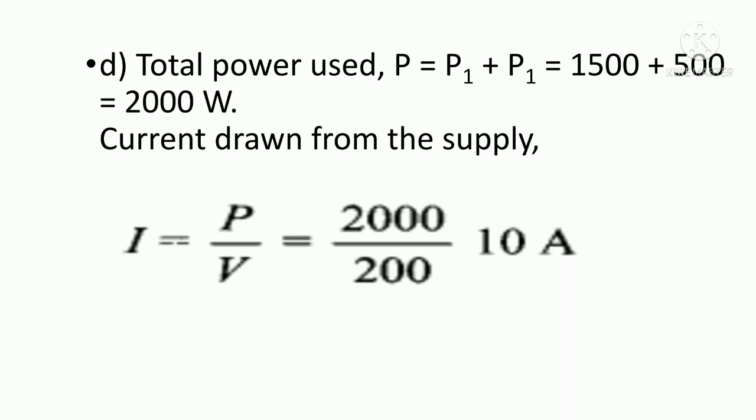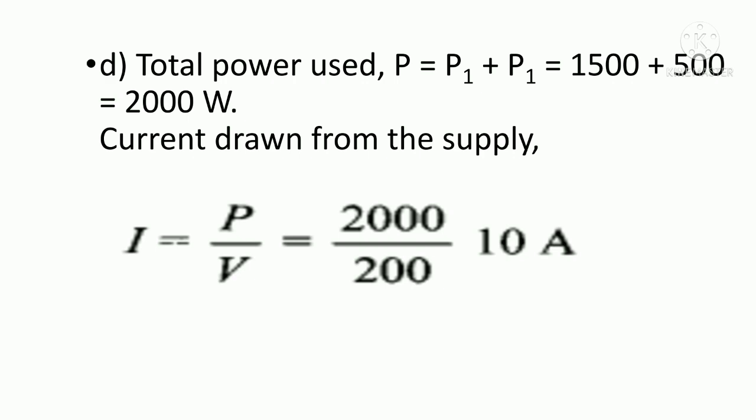If you add, you will get 2000 watt, and the current drawn from the supply, I, is equal to P by V, that is equal to 2000 divided by 200, because the voltage is 200. So 2000 divided by 200, you will get 10 ampere.